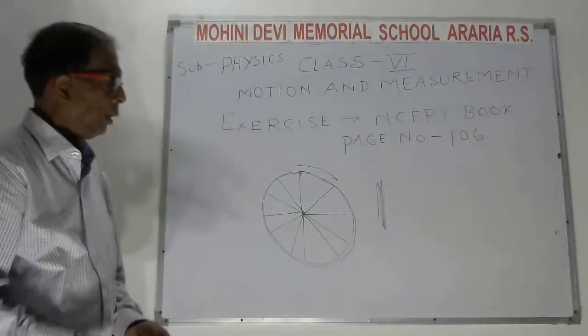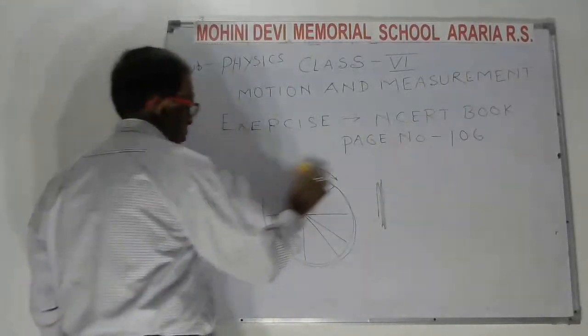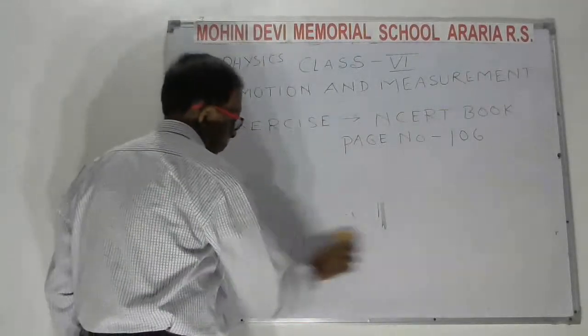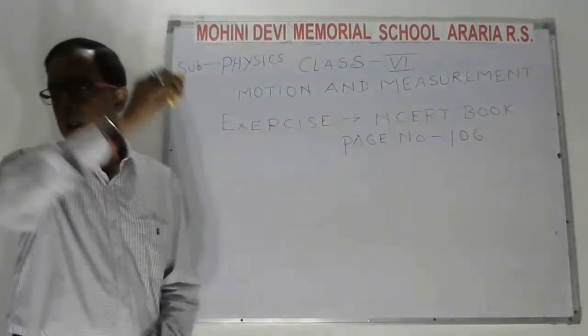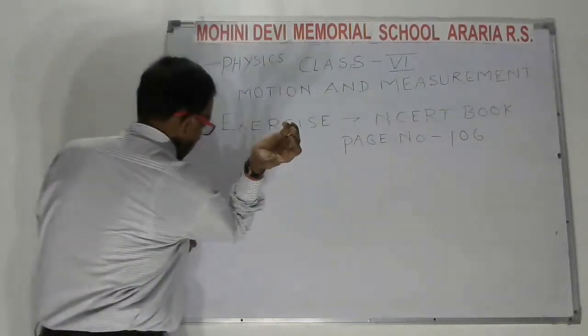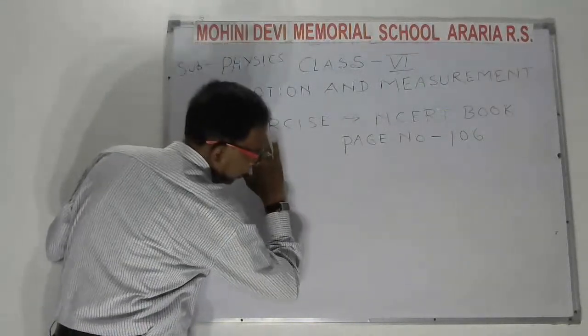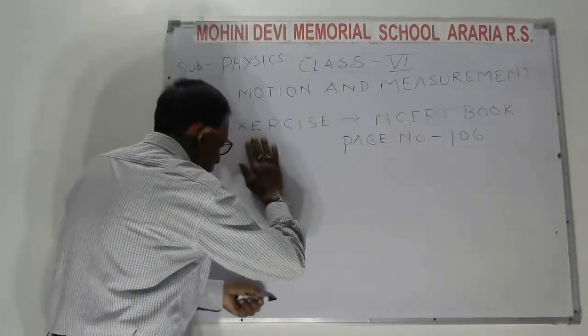What is the reason? Just I am describing on the blackboard why this is not used. See, my hand is bigger in respect of you, and the length of my hand is like this.